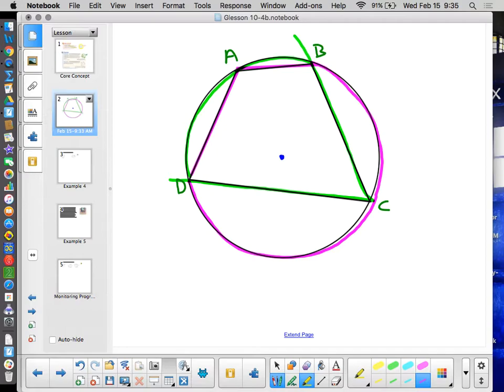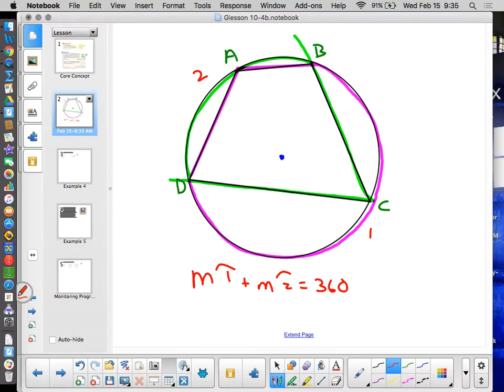But I know the arc is twice as much as the angle. But what do you notice about when I put the two arcs together? When I put these two arcs together, the purple arc and the green arc, okay, so if I call this arc 1 and this arc 2, the measure of arc 1 plus the measure of arc 2 equals 360, doesn't it? It's the whole circle.